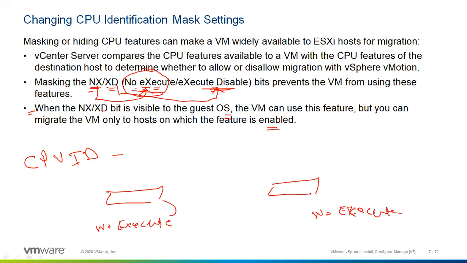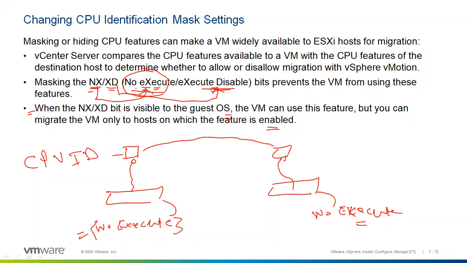This is in the physical CPU BIOS. When my VM is available here, it will always observe this factor. If no execute is enabled here, then on the target, no execute should be enabled. This is monitoring that bit.